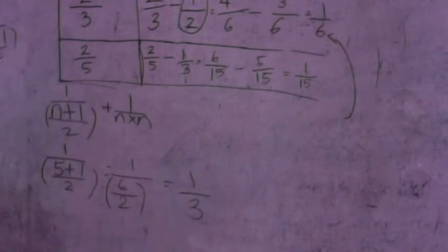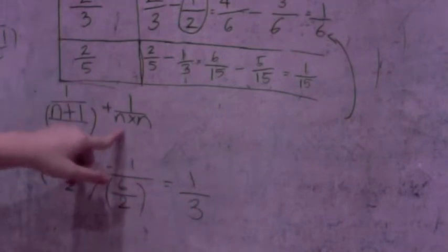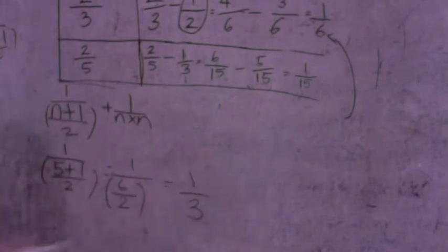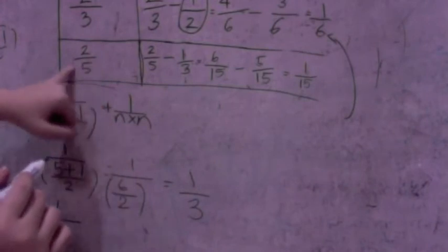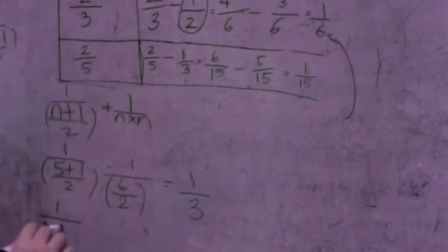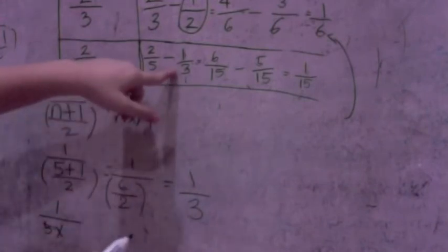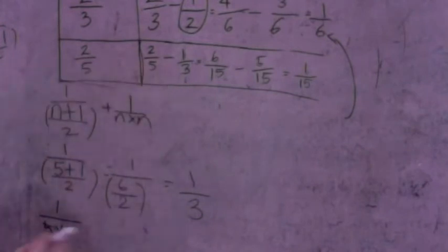The other pattern is 1 over n multiplied by n. So it's going to be 1, the denominator of 2 over 5, which is 5, multiplied by the denominator of the largest unit fraction that I use here, which is 3.